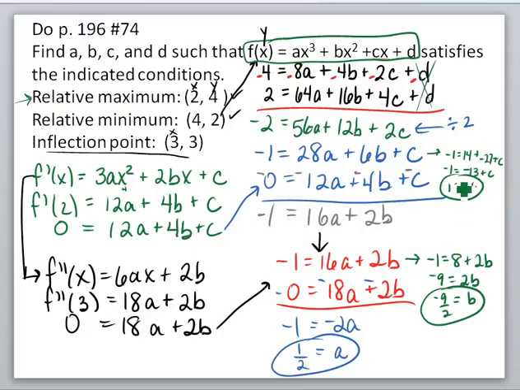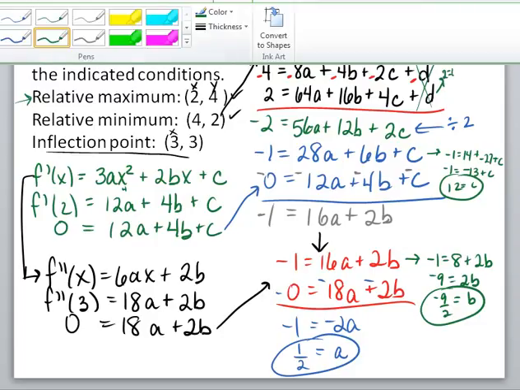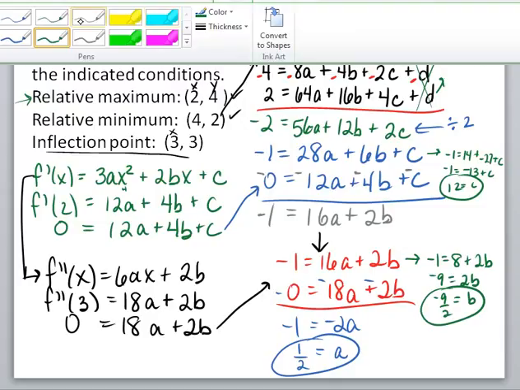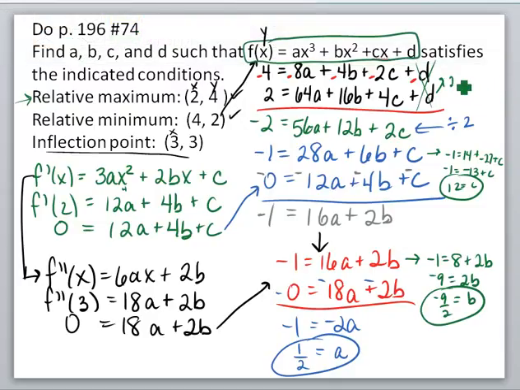And lastly, I'm going to be able to get d by going back to one of these very original equations, these first ones. So I'll see if I can squeeze that in here. I get 2 equals half of 64. Half of 64 right there would be 32. So I have 2 equals half of 64 is 32, plus I'd have negative 9/2 times 16.